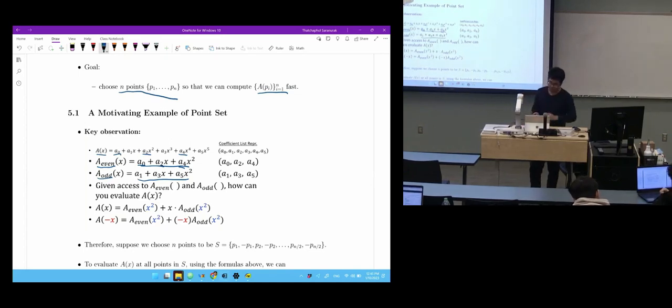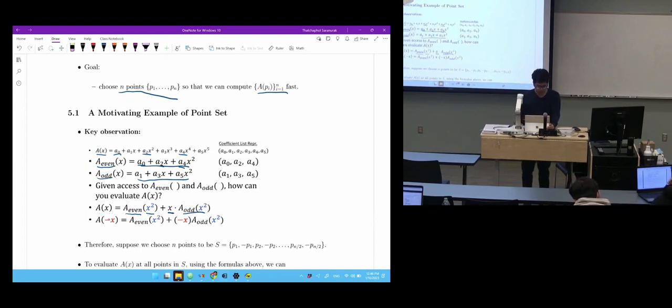Now what's good about A even and A odd? You see that A(x) can be written in terms of A even and A odd like this, right? Just put A even evaluated at x squared, and do the same for A odd, and then times x here.